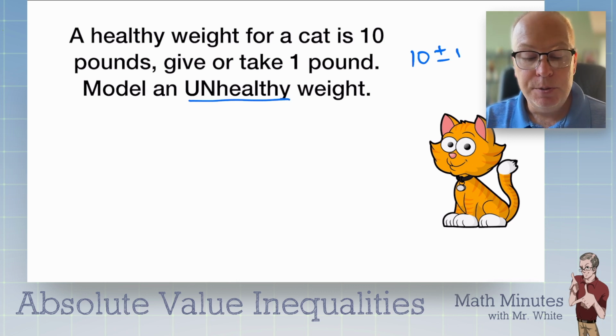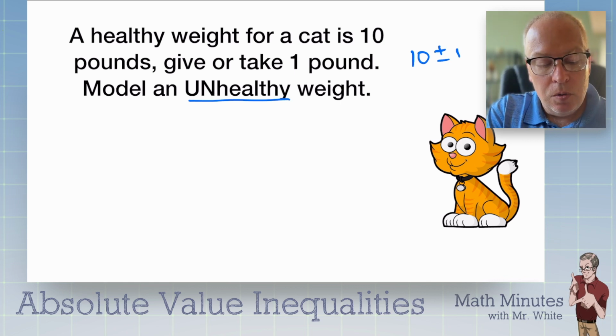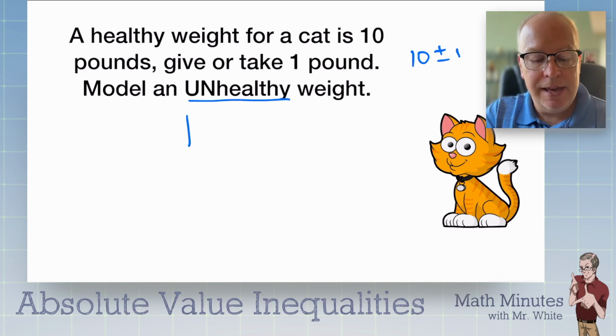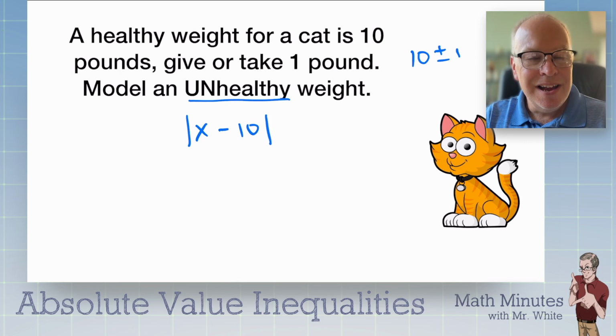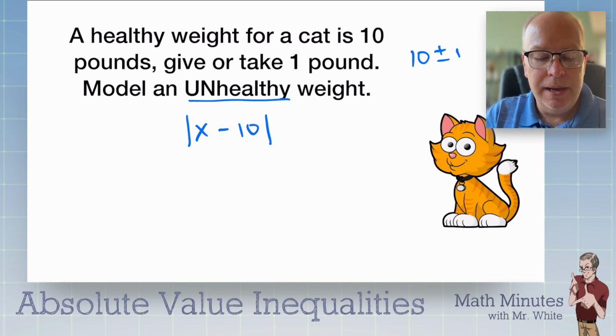This is like that first problem that we talked about today. So if I take the weight of the cat, I'll call it x, and I subtract the perfect amount, unhealthy would be bigger than 1 pound.